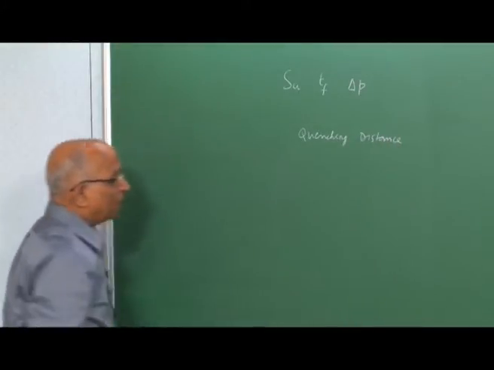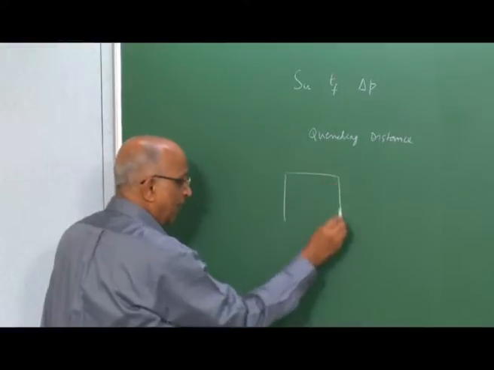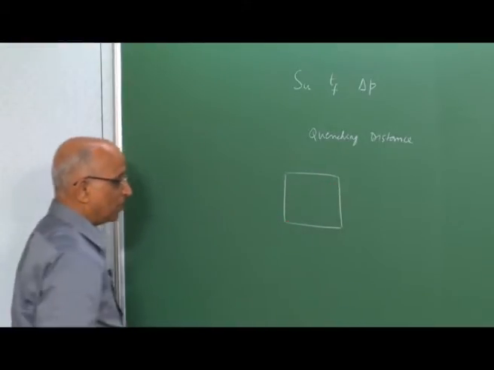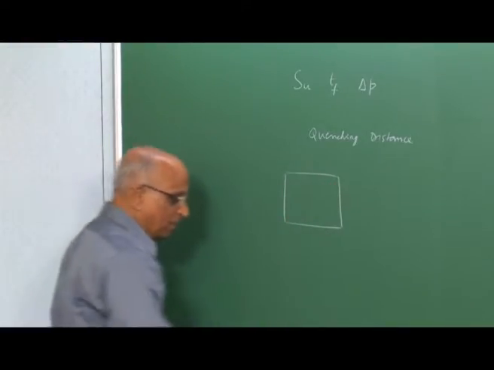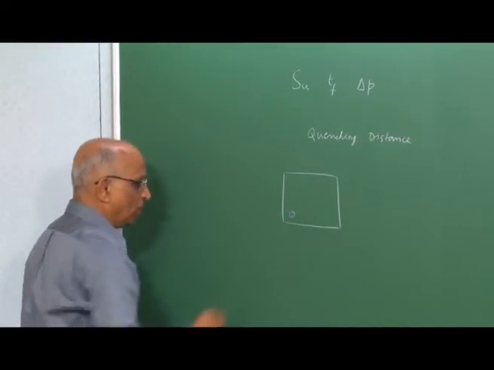Why do we want to take a look at the quenching distance? Let us go back to our problem. We had a gaseous mixture and maybe an explosive gas mixture. In this explosive gas mixture, we release some energy in a small volume.